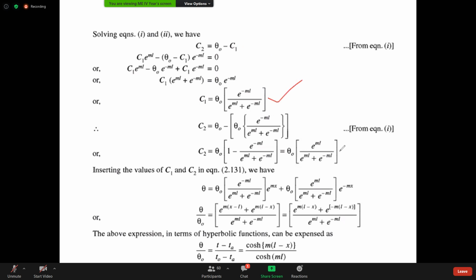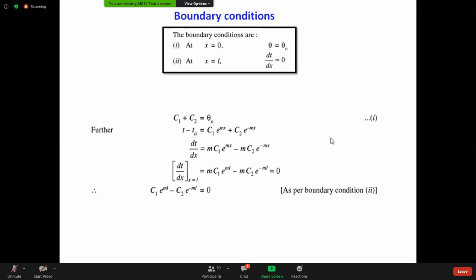This is C1 and this one is C2. My main equation is theta is equal to C1 e^(mx) plus C2 e^(-mx). So I need to substitute the C1 and C2 values in that particular equation. Where? In this equation.